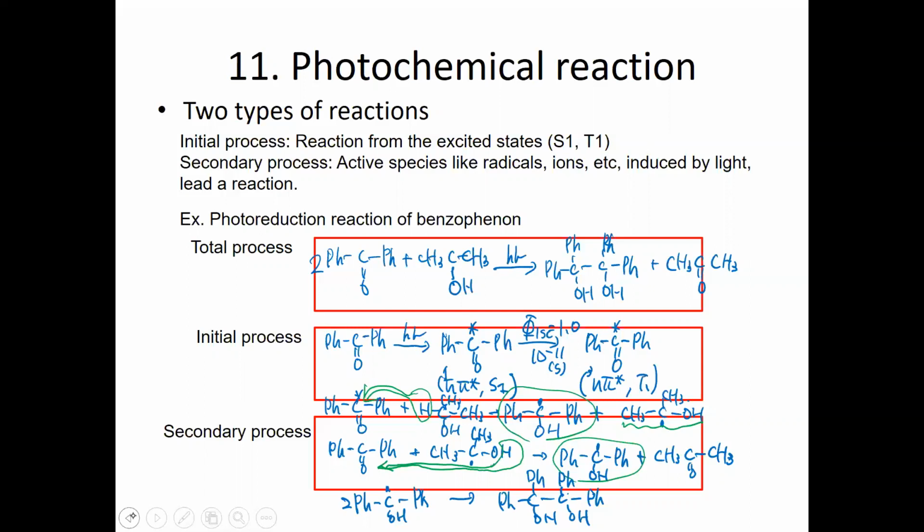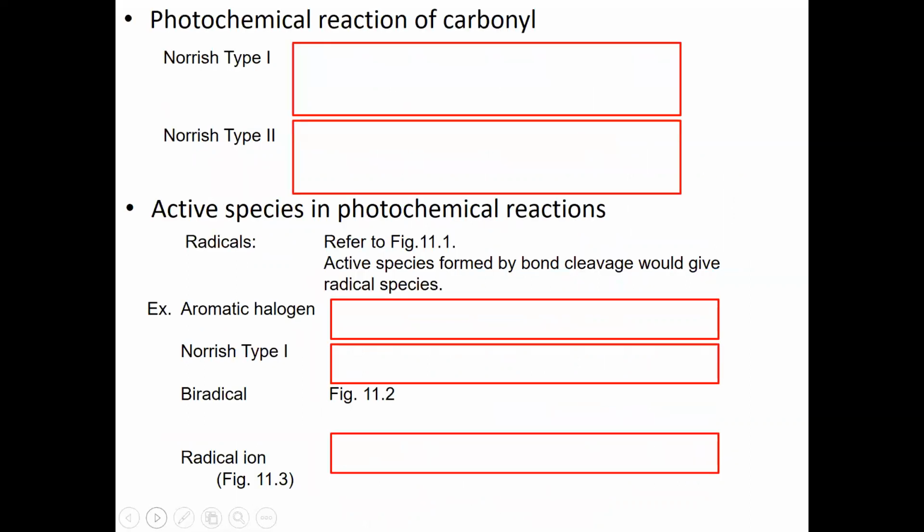Now let's move on to some of the typical photochemical reactions. First, let's see the reactions of carbonyl species, which I've already mentioned in an example.